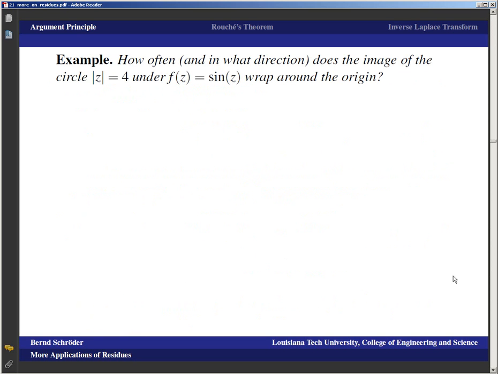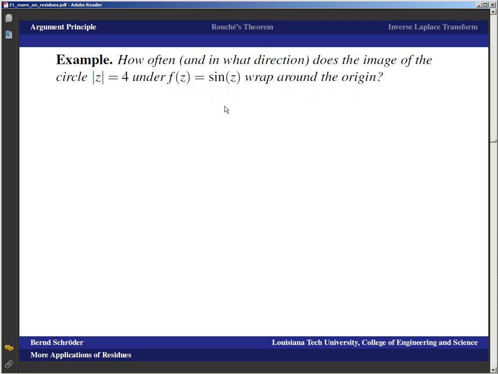Let's take a look at how this works. Here's a question that at first looks almost unanswerable: how often and in what direction does the image of the circle absolute value of z equals 4 under f of z equals sine of z wrap around the origin? I mean, what are you supposed to do? Find a ruler and a compass and then look at how this very complicated function deforms this contour?